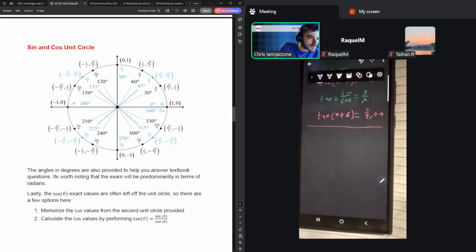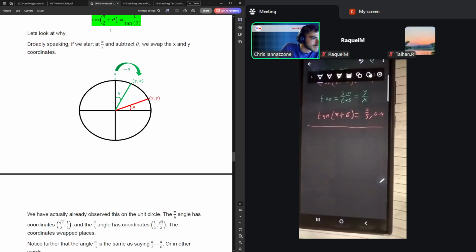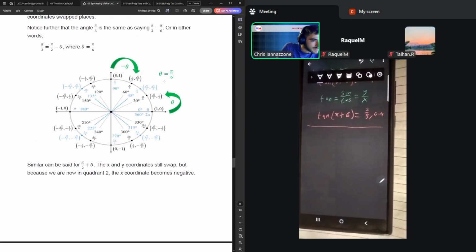When you're doing pi over 2 minus theta, it's basically this property here, where if your theta was pi over 6, for instance, you would have this coordinate. In fact, I have a picture of this. If your theta was pi over 6, you'd have this coordinate. It's the shallowest of the angles. If you then do pi over 2 minus theta, because you're now coming from perfectly vertical as opposed to perfectly horizontal, you're getting the opposite effect.